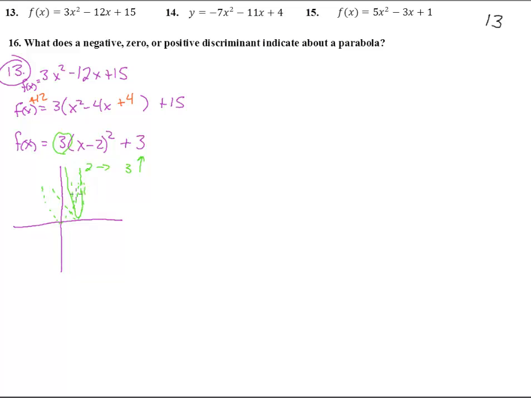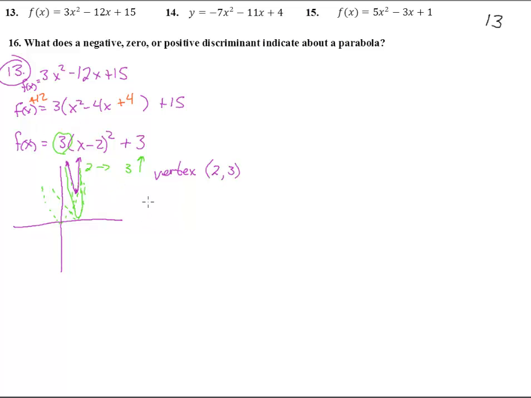So the end result should look about right there and be really quite steep, like that. And a round corner there on the bottom, it's not a V. So the vertex was moved over 2 and up 3.